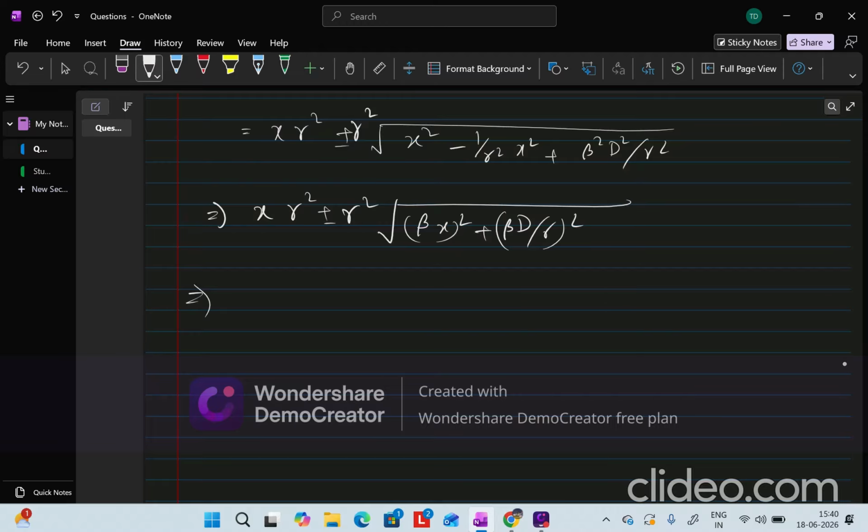So this will be x now instead of x², and the final result will be x̃ equals γ²x plus or minus βγ times the square root of (xγ)² plus d². And that's the answer to my second part.